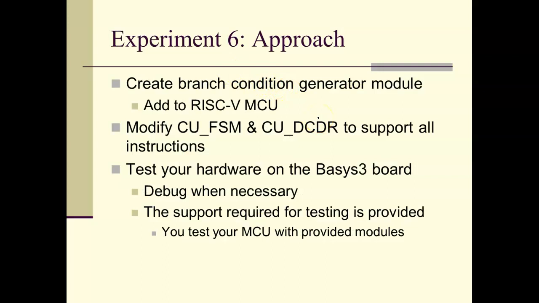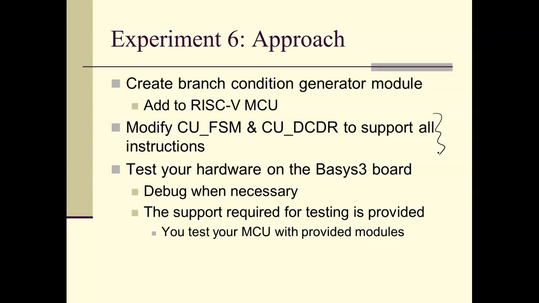So the approach you want to take in this one is first create the branch condition generator module and add it to your microcontroller. Now, from experiment 5, your hardware should be very complete. This should be a very quick change. It's a very minor module, or it's just 3 lines of code depending on how you implement this thing. Next thing you have to do is implement all your instructions.